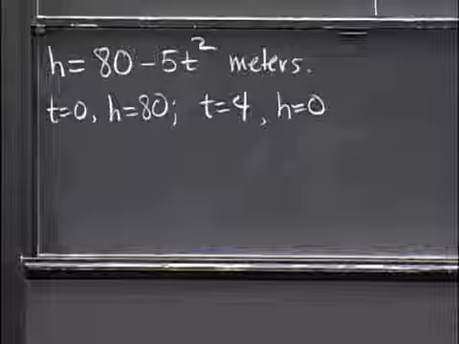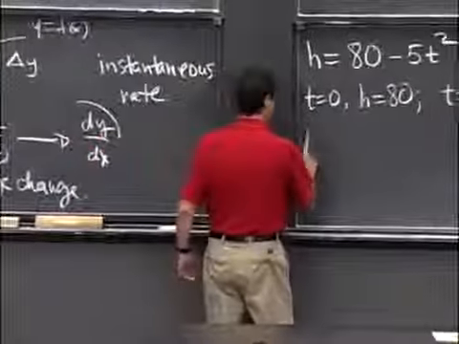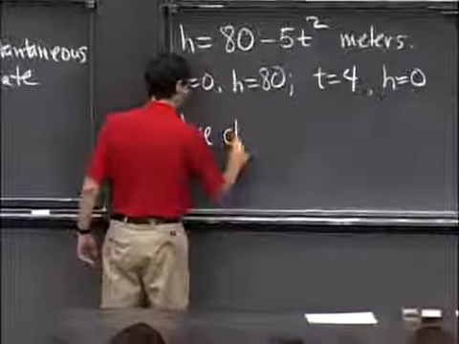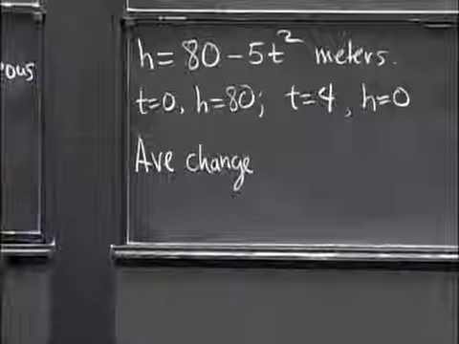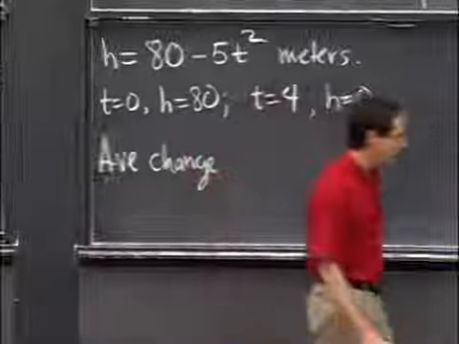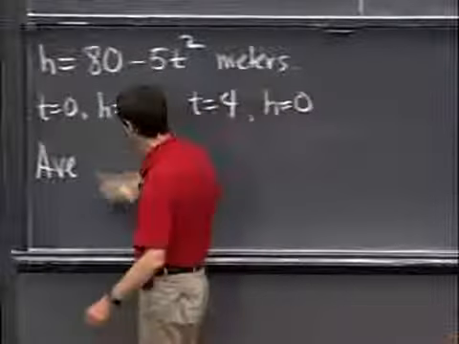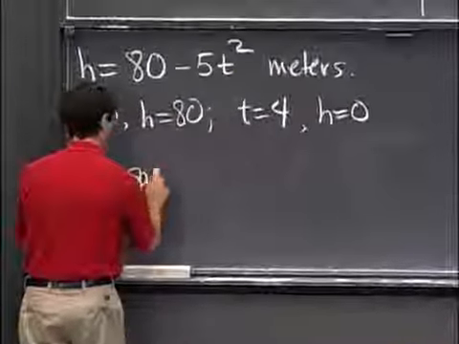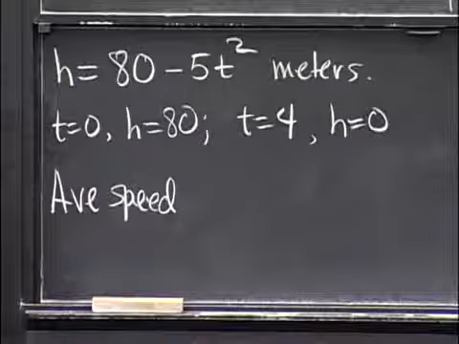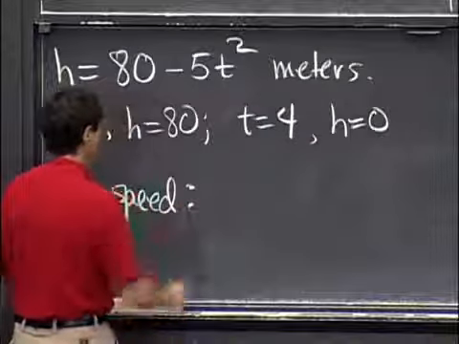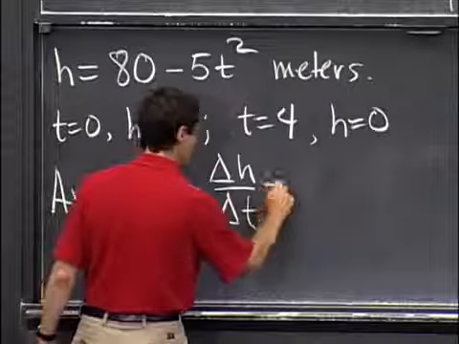Okay, so this notion of average change here, or the average speed, maybe we'll call it the average speed, over this time that it takes for the pumpkin to drop, is going to be the change in h divided by the change in t.